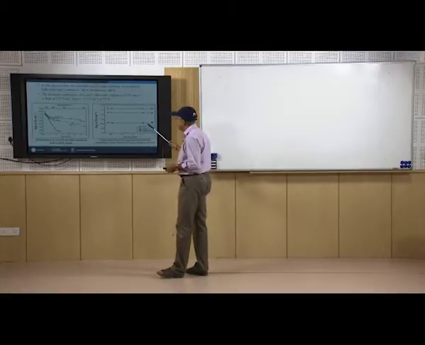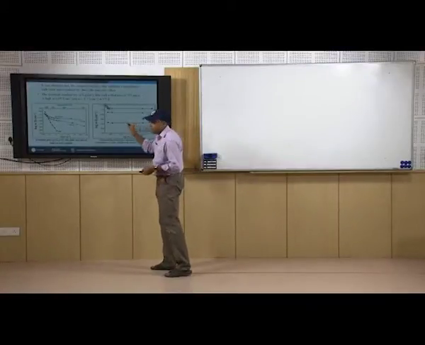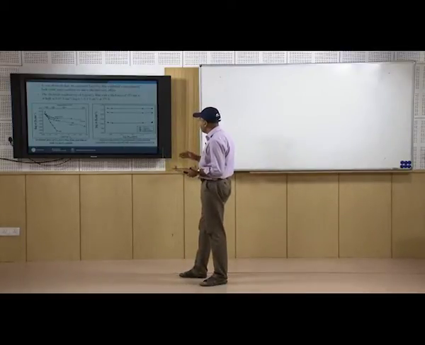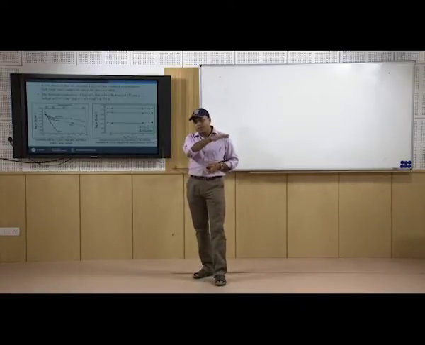Here we also show the oxygen partial pressure dependence of the electrical conductivity in lanthanum germanium pentaoxide thin film with various thickness at 873 Kelvin. This is pressure versus electrical conductivity, and as the pressure keeps changing, with different nanoparticle sizes also, the electrical conductivity remains the same.